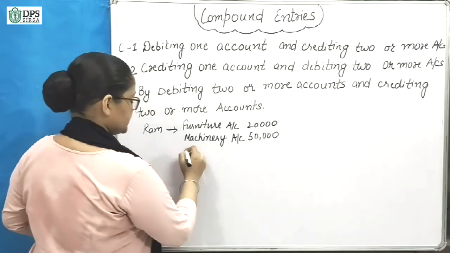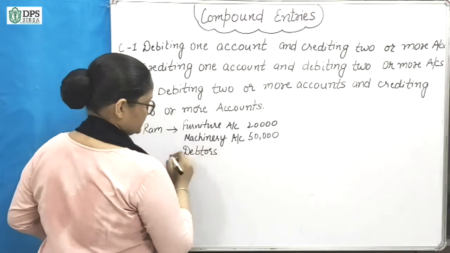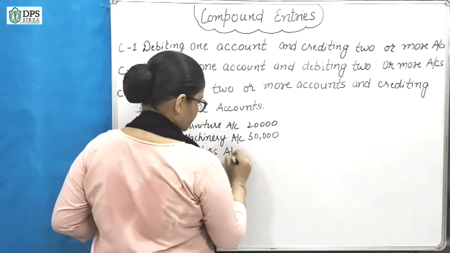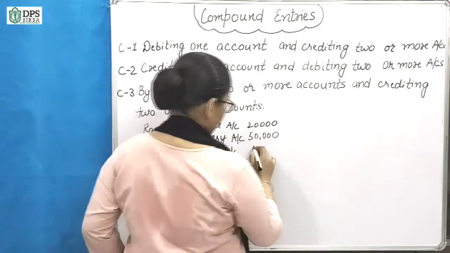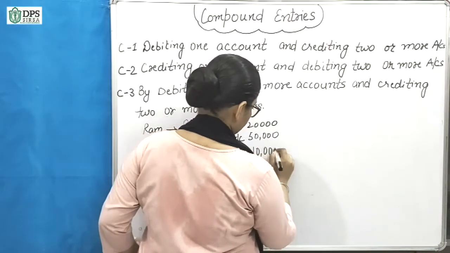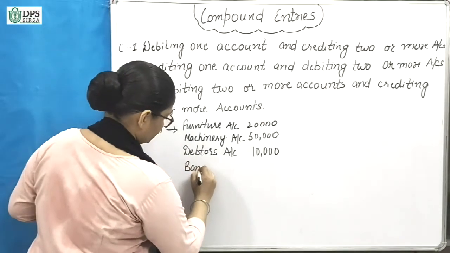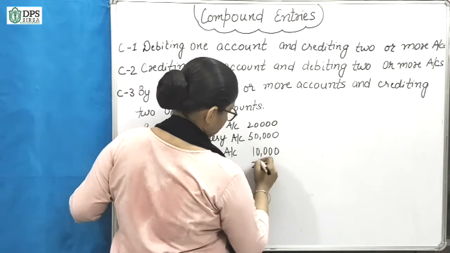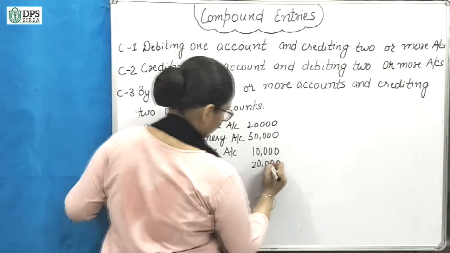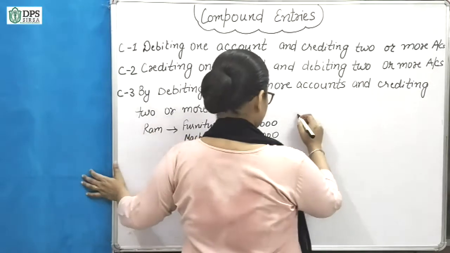He is giving us debtors, the person from whom he has to receive the money, and the debtors are 10,000. Next, in his bank account, the amount is 20,000.